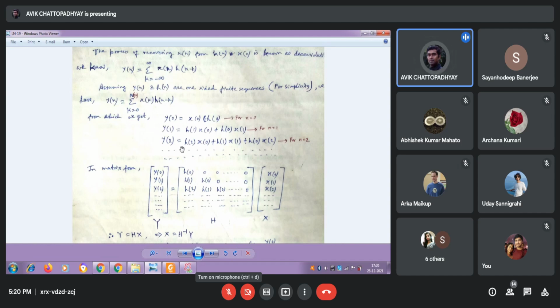Suppose, for example, in general, we have the knowledge of h(n), and we know what the output is, but we don't know what the input is. Now the output is known, the impulse response is known, but we don't know the input.